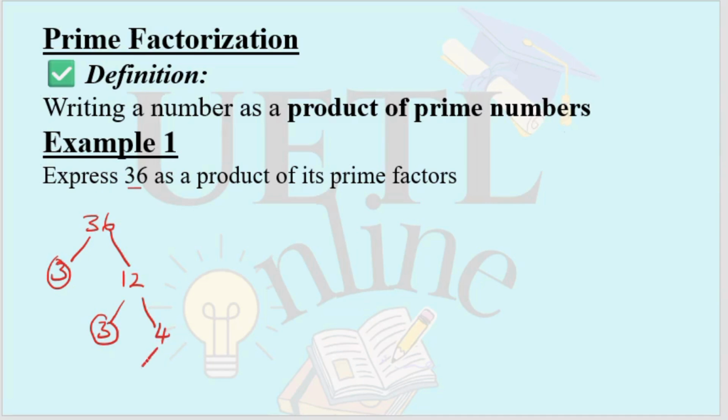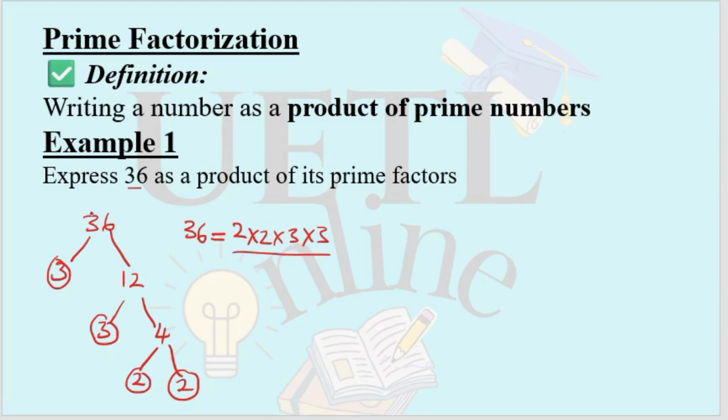Now we can see that all the branches have prime factors. So we can express 36 as the product of its prime factors, which is 2 times 2 times 3 times 3. That's how we do it using a prime factorization tree.